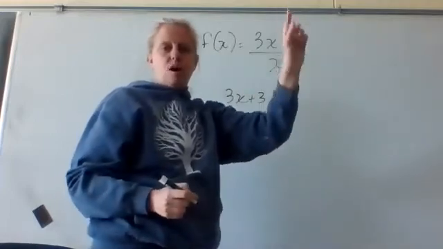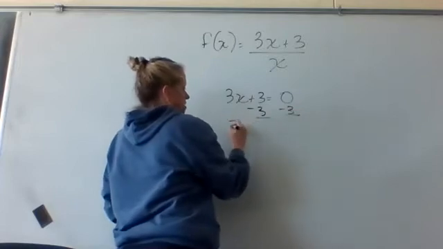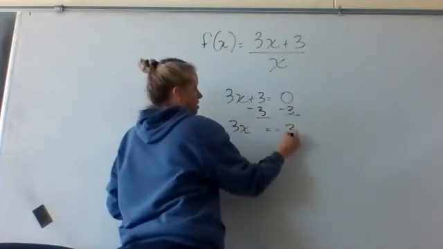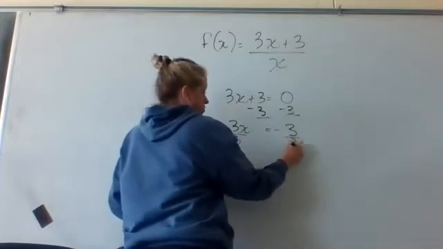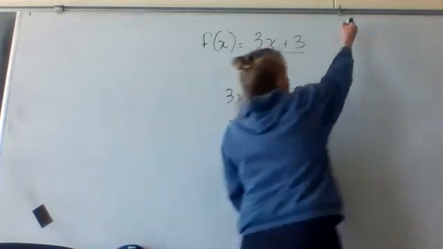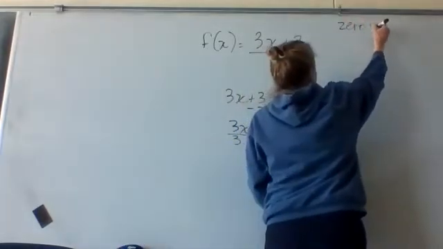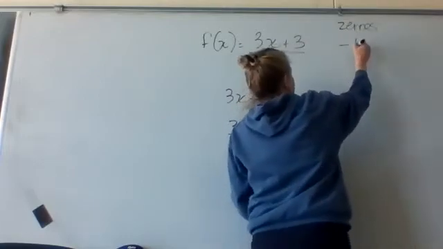I'm working on finding the 0 of the numerator. So I'll subtract 3 from both sides. So 3x equals negative 3. Divide both sides by 3. So x equals negative 1. So the zero of the numerator is negative 1.